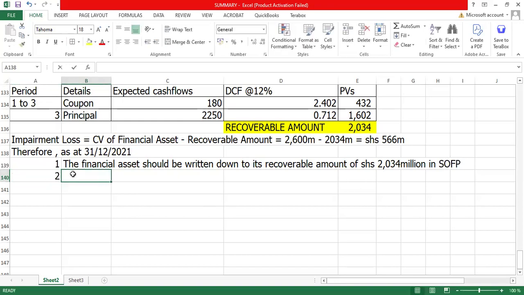Then number two, KK Limited should recognize an interest income of how much?